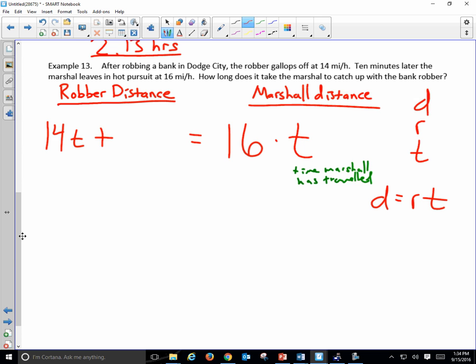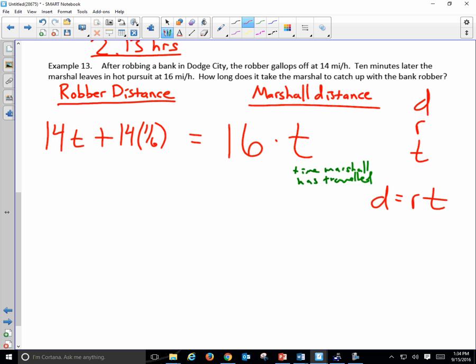His rate is always 14, okay? How much time has he been already traveling at 14 miles an hour? 10 minutes, which is what fraction of an hour? 1/6. He's got a head start.